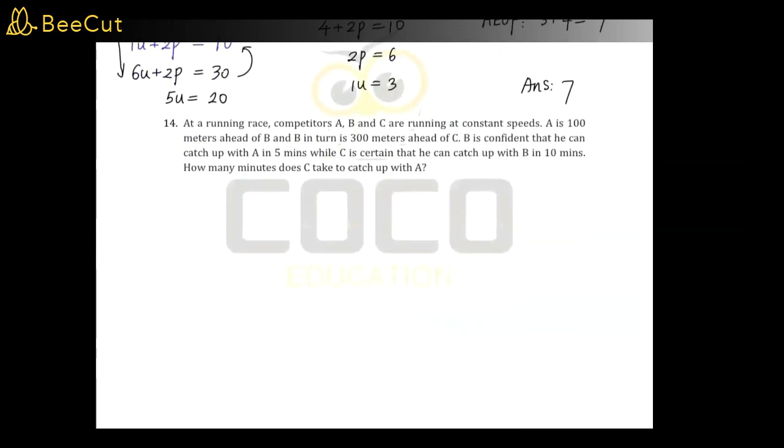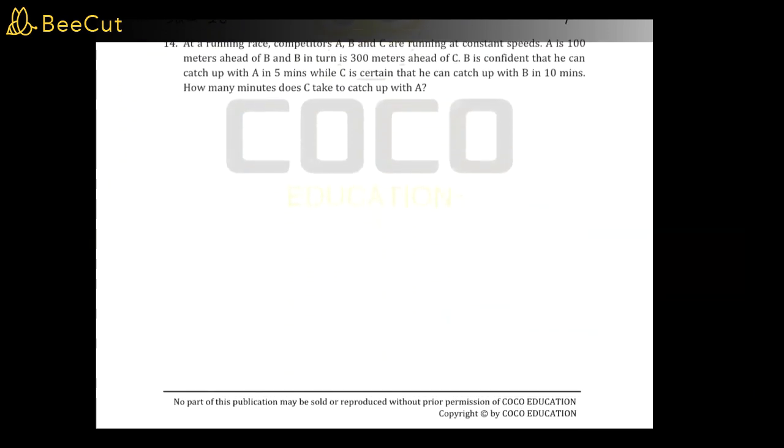Now, question 14. So we check distance between A and B is 100. Distance between B and C is 300.